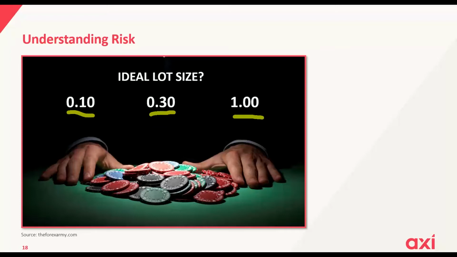Okay, you guys, depends on the risk level. That is correct, guys. I'm glad that at least half of you are saying that it depends. It really depends because there is no ideal lot size. If my account is a $100 account, 0.1 lot might kill me.